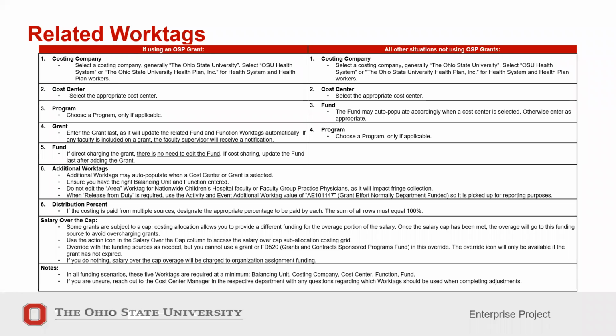It's going to tell you what function you have to put on the transaction to get it to go through. But to avoid those, anytime you're using an OSP grant, you're going to want to make sure you enter the cost center first, and then the grant should follow that. And we don't have any cost centers defaulting on OSP grants.